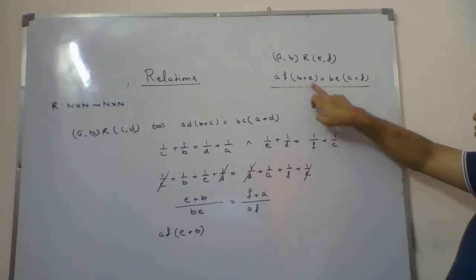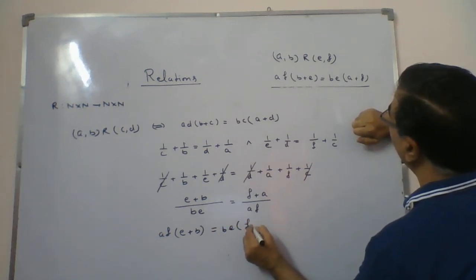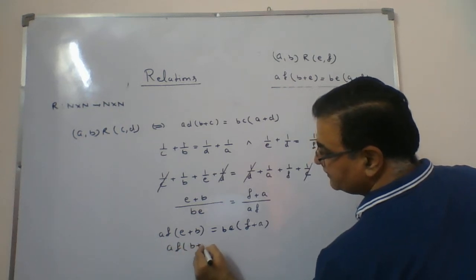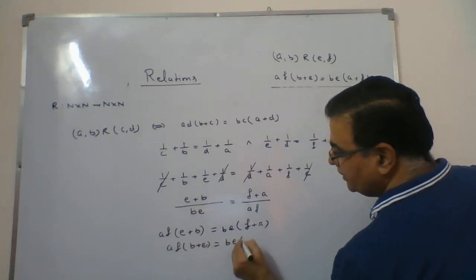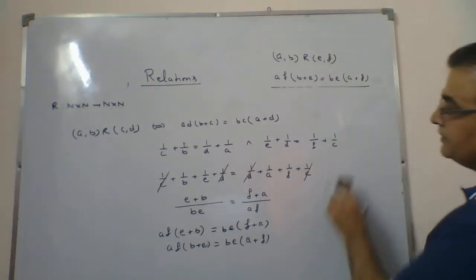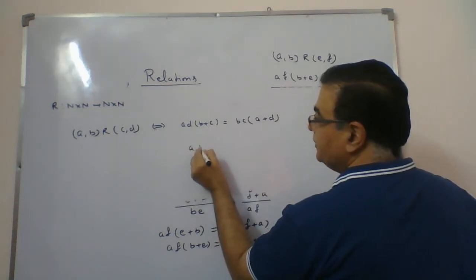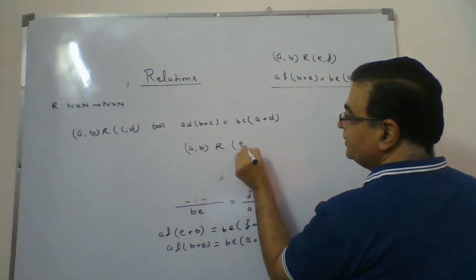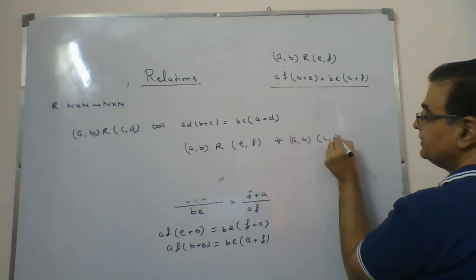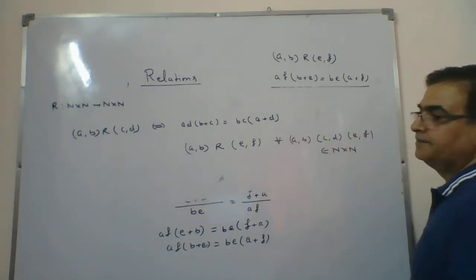Just check here, AF into B plus E I can create, then it comes BEF plus A. Simply interchange that: AF, B plus E should be equal to BE into A plus F. From this, clearly, I get here that A, B relates with E, F, for all AB, CD, EF belongs to N cross N.